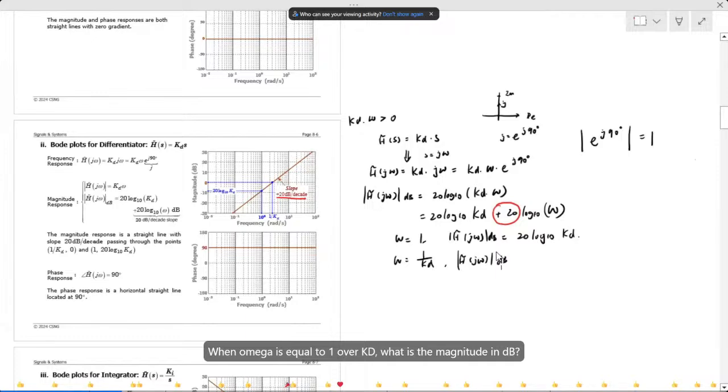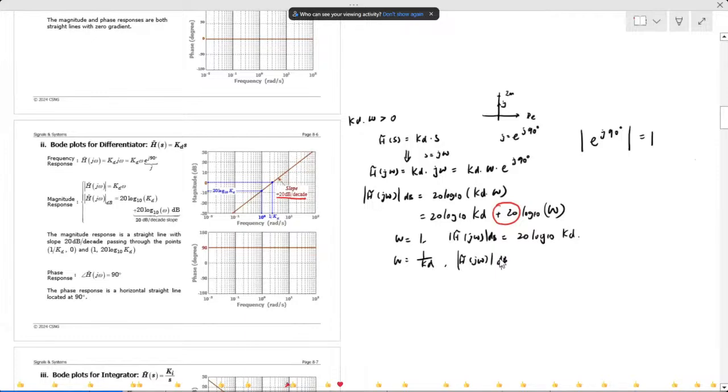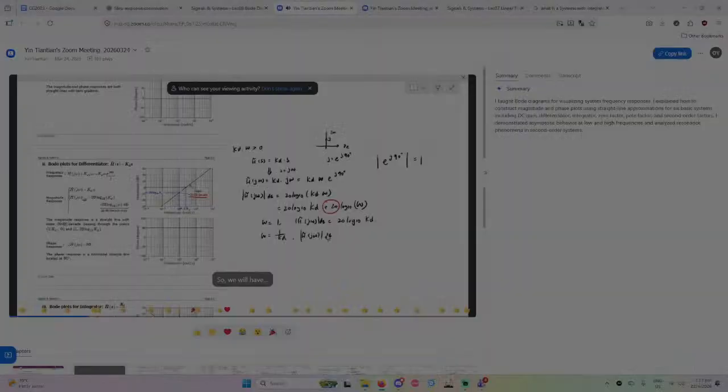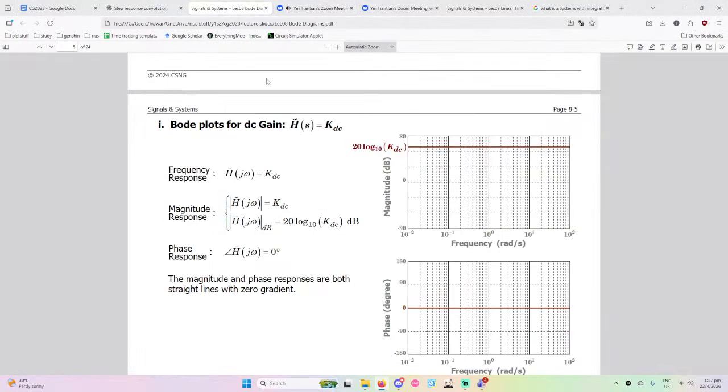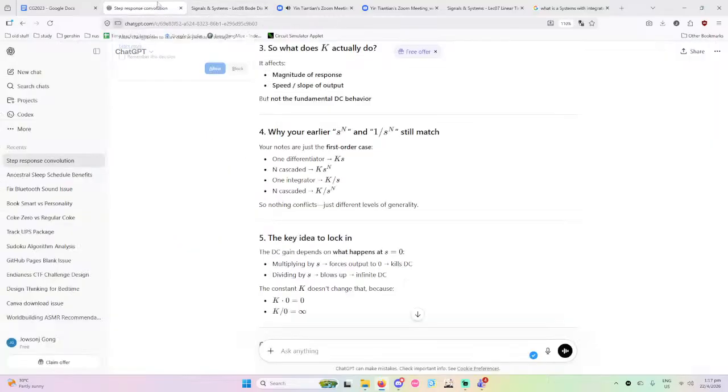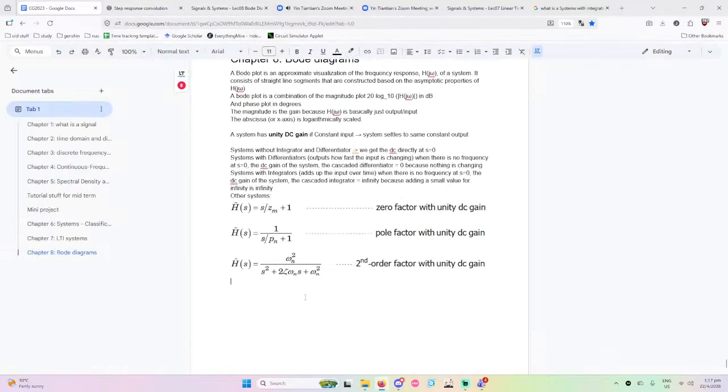Okay? And when omega is equal to 1 over KD, what is the magnitude in dB? So we will have 20 times log 10 of KD plus 20 times log 10 of 1 over KD, which is equal to 20 times log 10 of KD over KD.